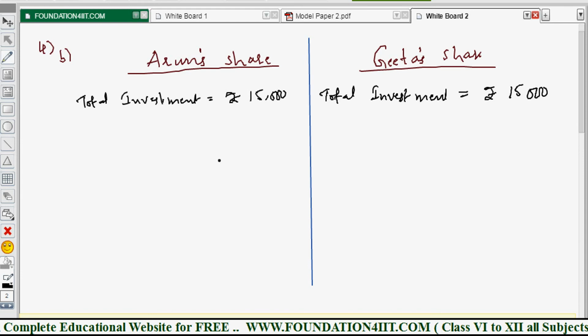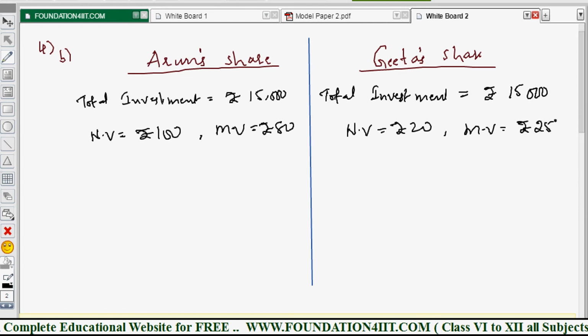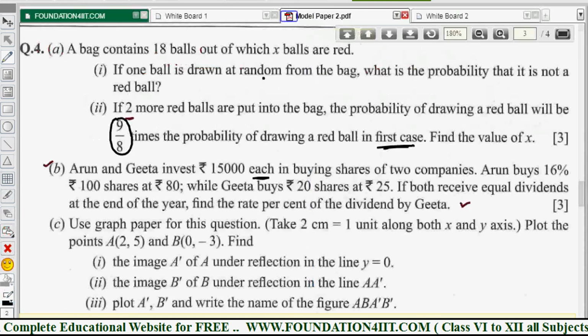Then the nominal value in this case is rupees 100 and the market value is rupees 80. And here, in Geeta's share, the nominal value is rupees 20 and the market value is rupees 25. You can see here 100 rupees shares at 80 and 20 rupees shares at 25.